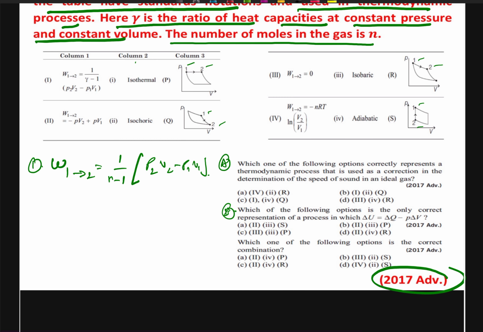So this is the work done first equation. And we have to find out which of the processes it is going to match.